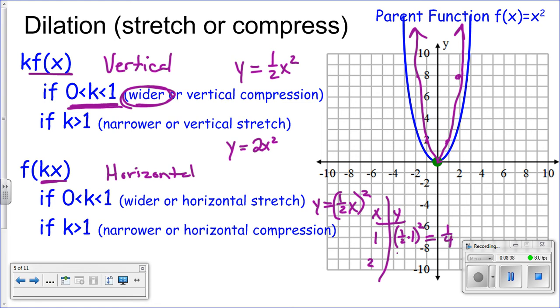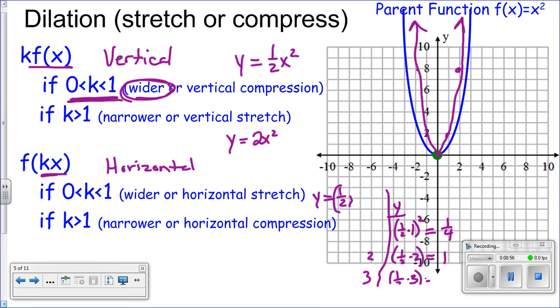If I put in 2, 1/2 times 2, that gives us 1. Squared is 1. Put in 3. So you're going to do 1/2 of 3, which is 1.5. Square it. That is going to be 2.25, and so on. So it's going to look similar, but your output values are going to be actually a little bit lower, so it may look a little bit more wide. Okay, let's keep going.